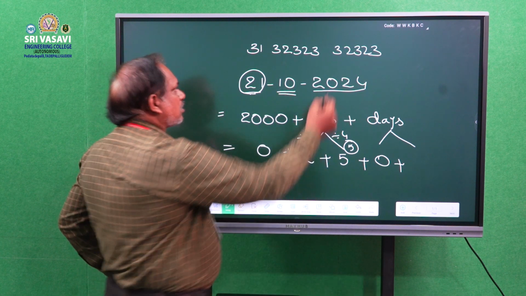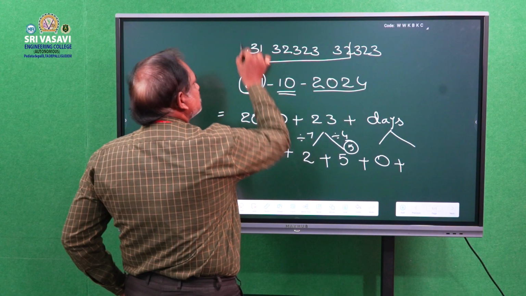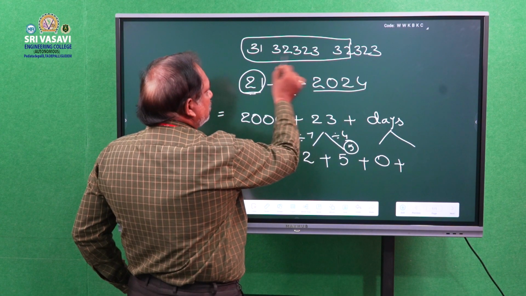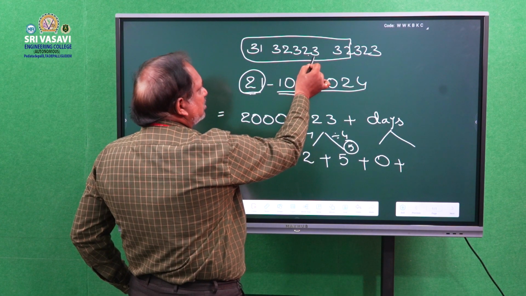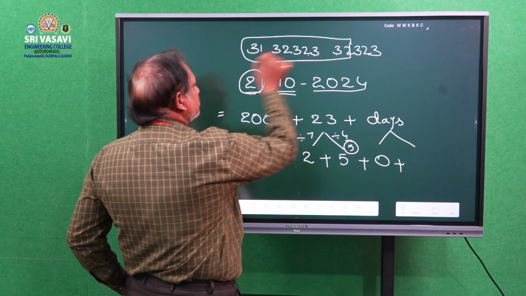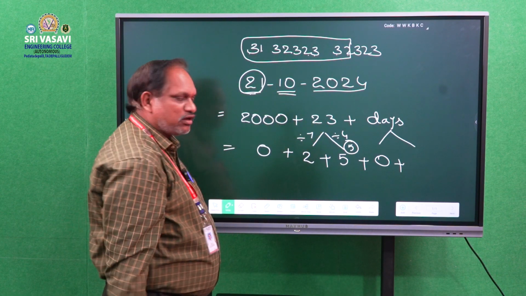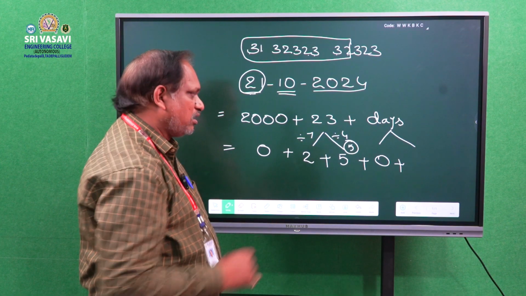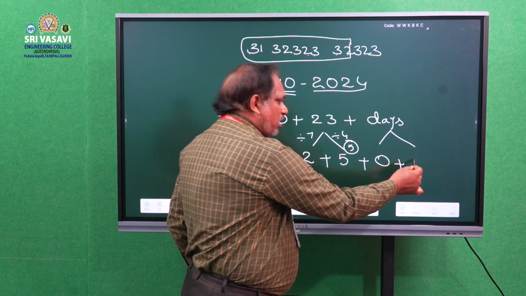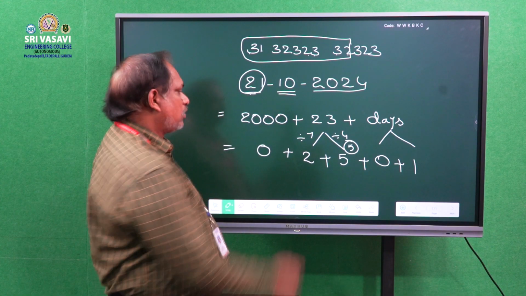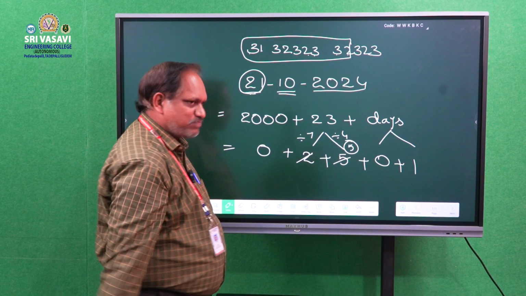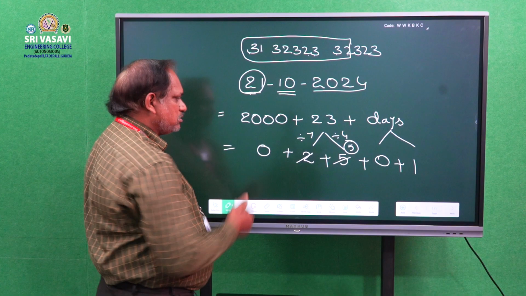So count those 9 months and sum the numbers: 10, 13, 16, 18 plus 4, 22. So 22 days, finally the odd days are 1. 2 plus 5, 7 days means odd days is equal to 0.